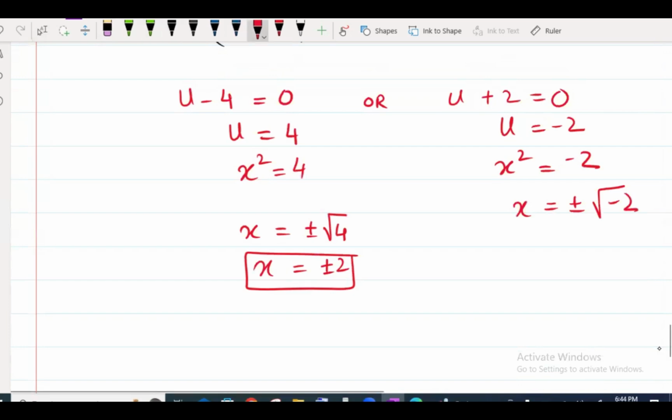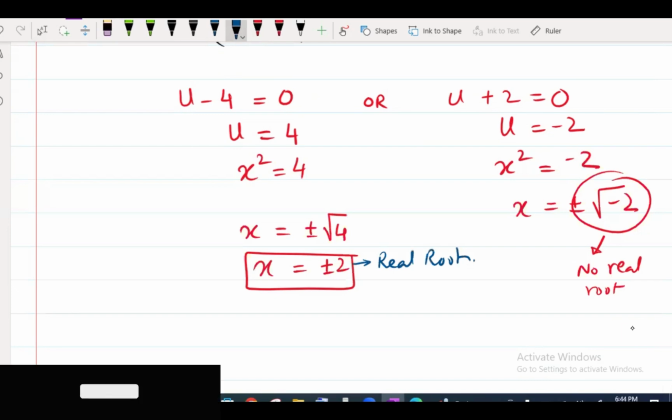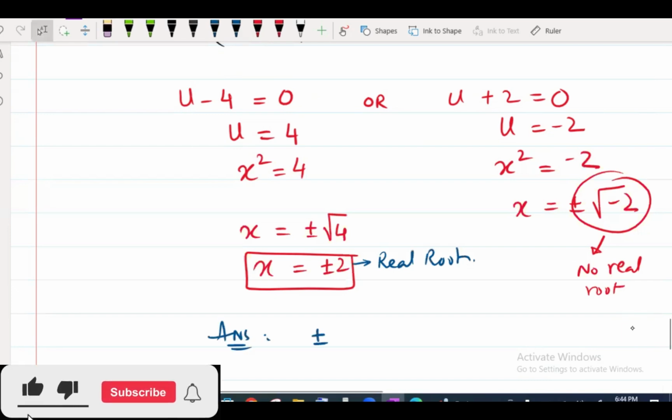No real root. The examiner is asking only for the real roots. Plus minus 2 are the real roots here. The final answer, the real roots of this equation, will be plus minus 2. So I hope you got the idea how to solve this type of equation. Thank you very much.